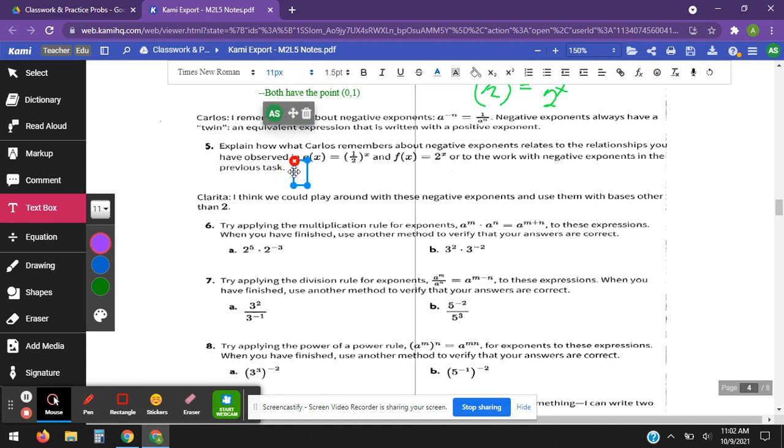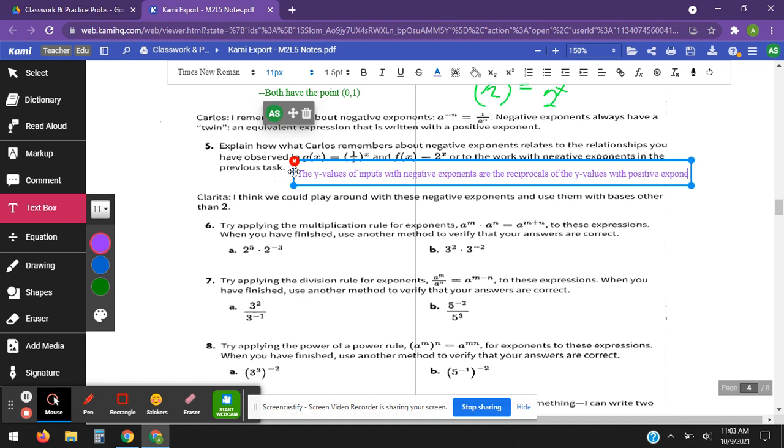How do we know they go together? So the y values of inputs with negative exponents are the reciprocals of the y values with positive exponents.